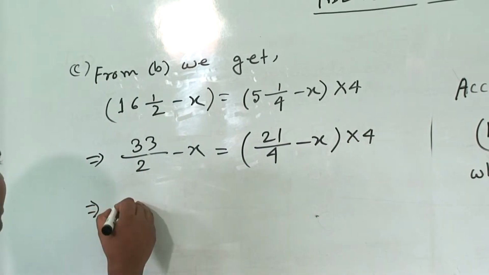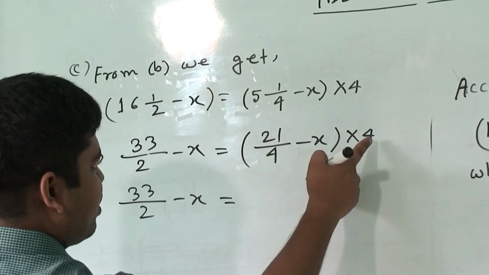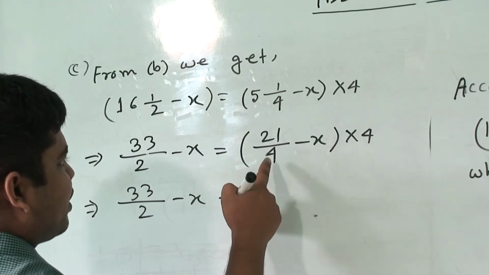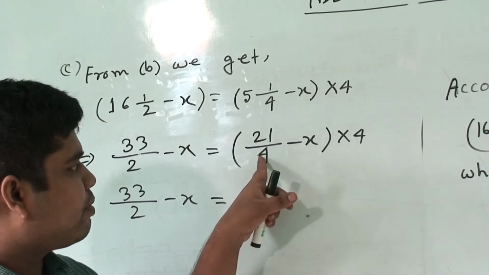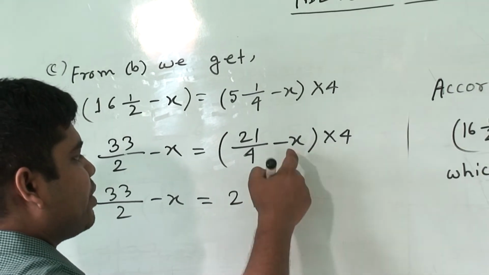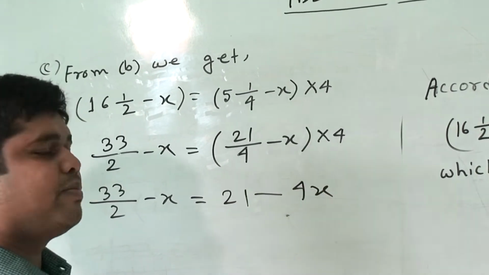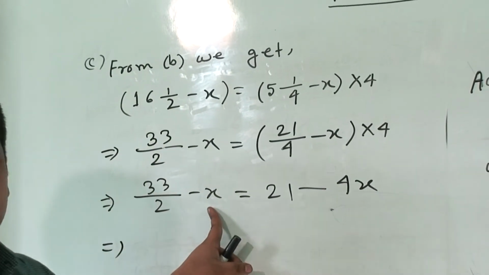Now my dear students, 33/2 minus x equal to, we multiply both sides by 4. If we multiply 21/4 by 4, then this 4 cancels and leaves 21. And if we multiply 4 with x, then we get minus 4x. Now notice here is the x term, we need the value of x.